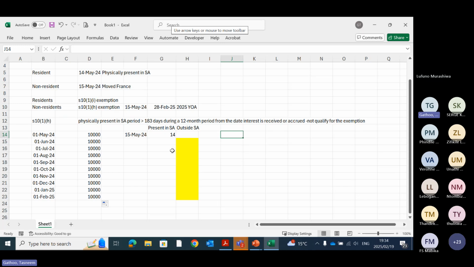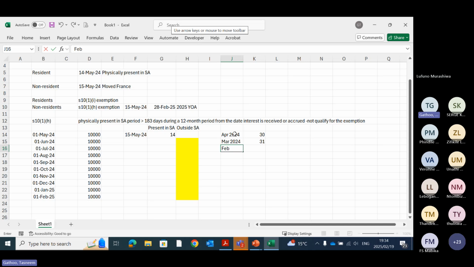Then if we go back to April 2024, she was present for the full month. She was here in South Africa for 30 days. For March 2024, she was present in South Africa for 31 days.